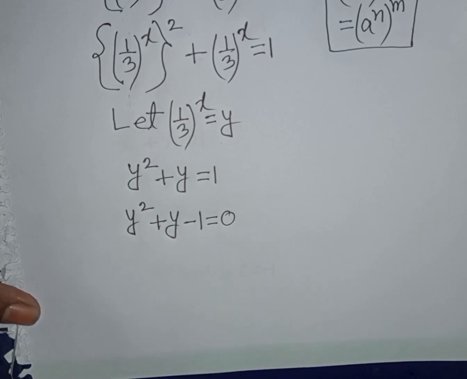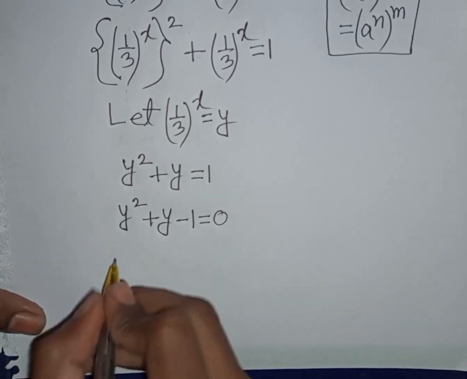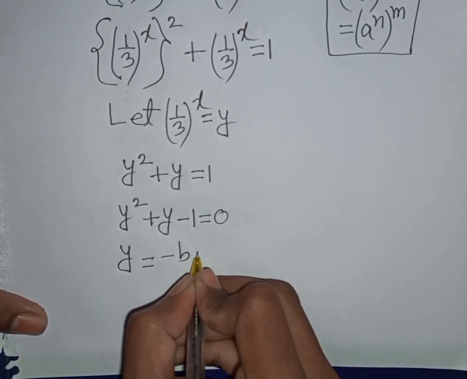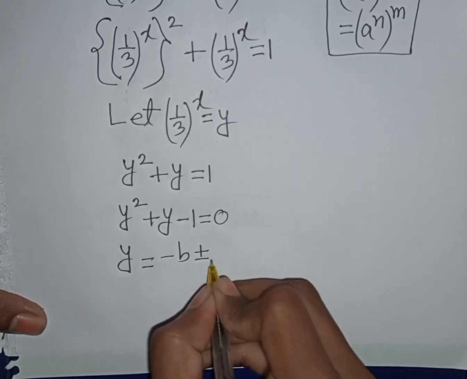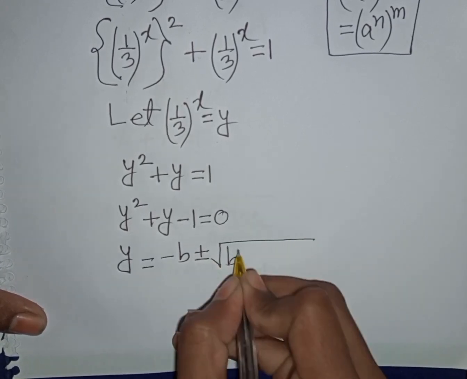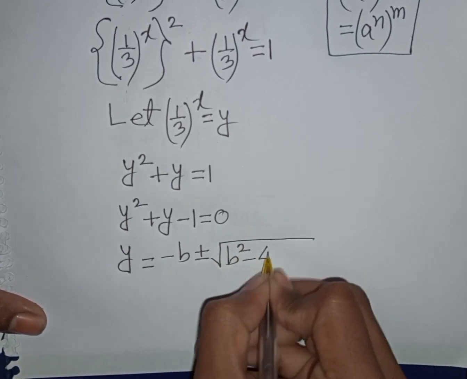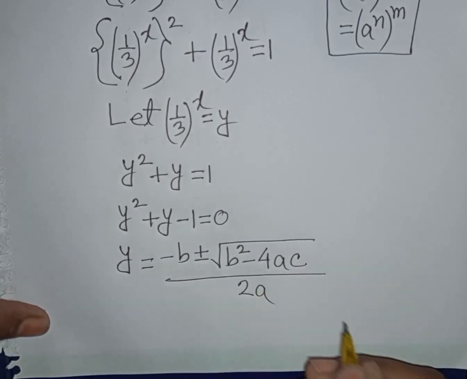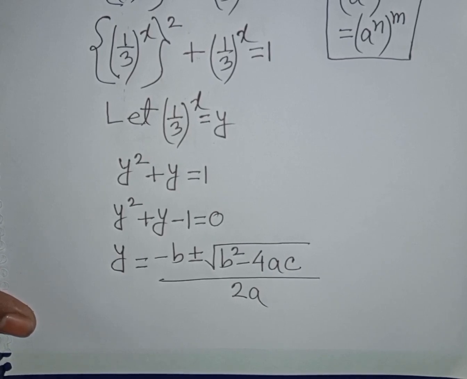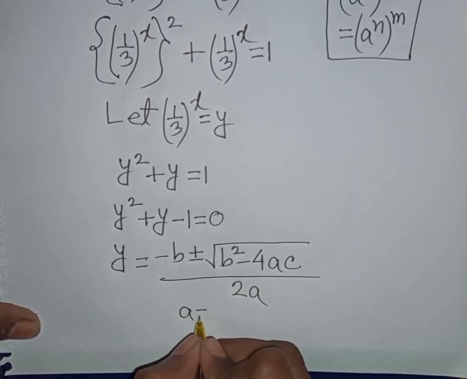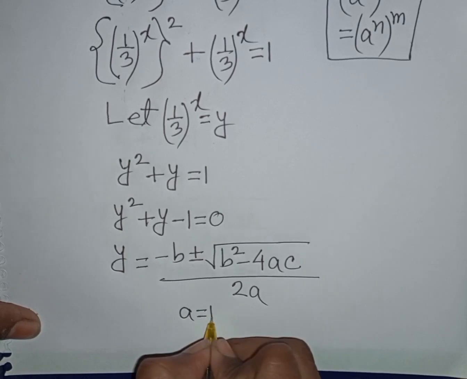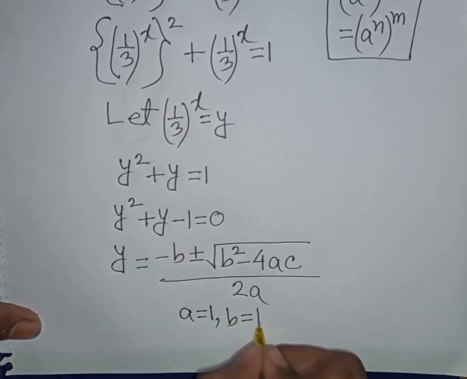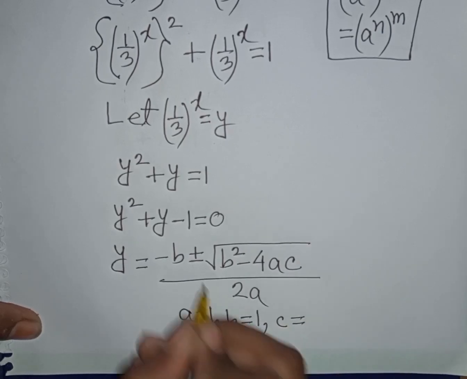Now here I can apply the quadratic formula: y = (-b ± √(b^2 - 4ac)) / 2a. Here a is equal to 1, b is 1, and c is equal to negative 1.